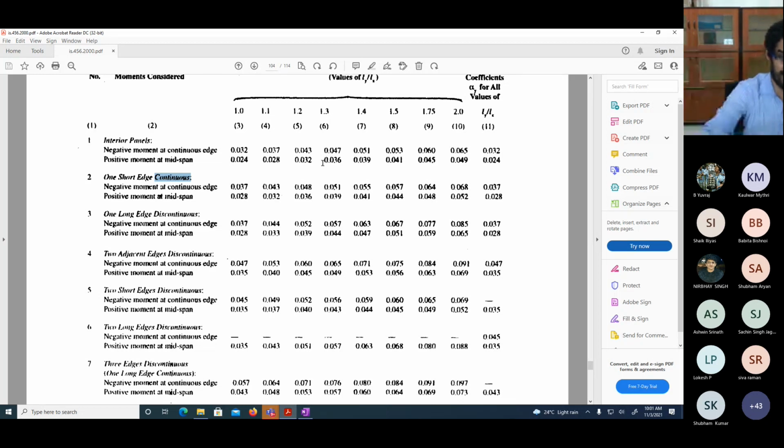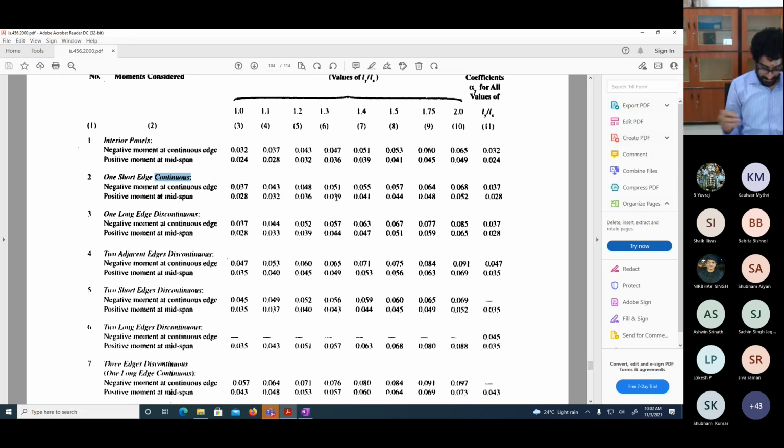For 1.24, I can interpolate between 1.2 and 1.3 based on 0.048 and 0.051, and 0.036 and 0.039. Or, if you do not want to interpolate, you can just take 0.05 and 0.039, the higher values.